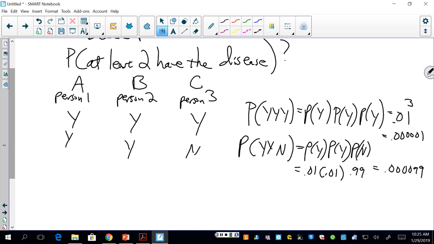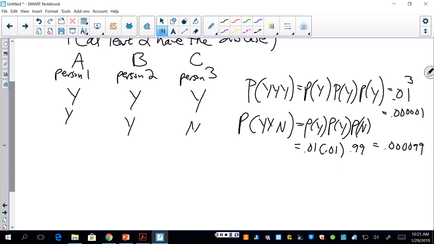How many other ways can we have exactly two people? Get the other combinations: yes, no, yes, or no, yes, yes. What's the probability that the first person has it, the second person doesn't, and then the third person does?